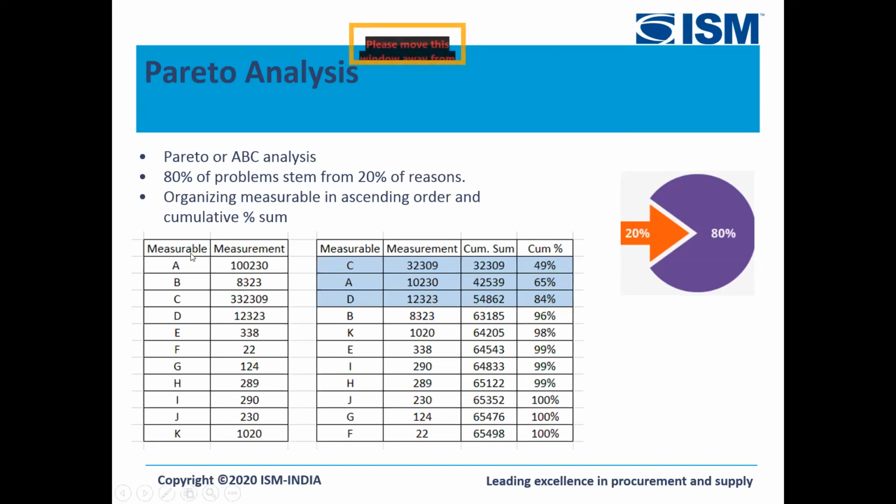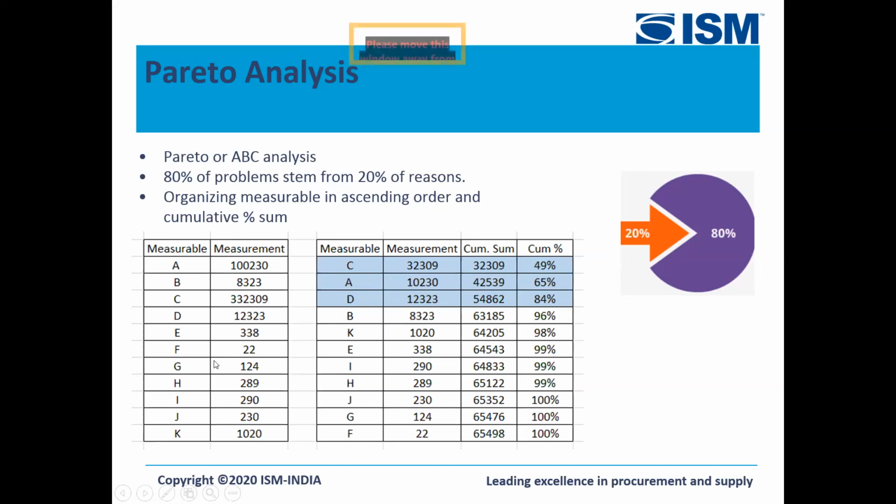On the left hand side you see measurable items which are just denoted as alphabets, and they are measurements that we have done. When I make this into descending order and do the cumulative sum, I see that only CAD contributes a total of 84% of the measurements rather than the others.